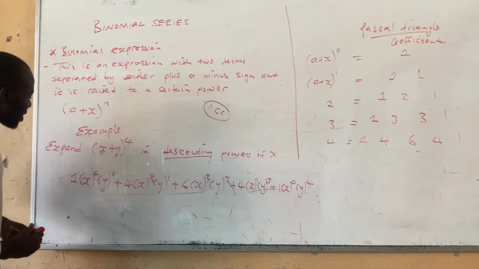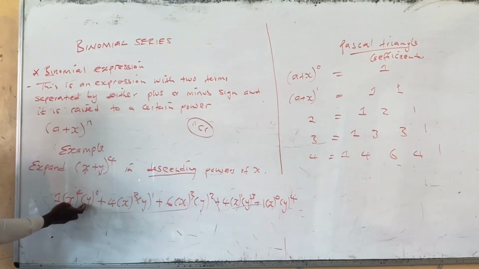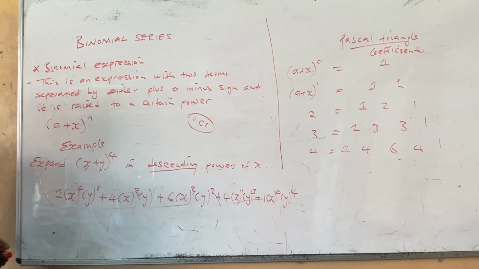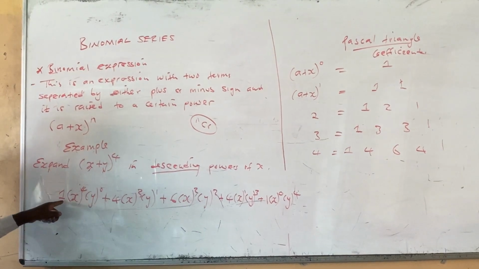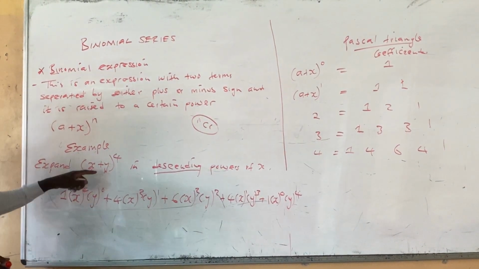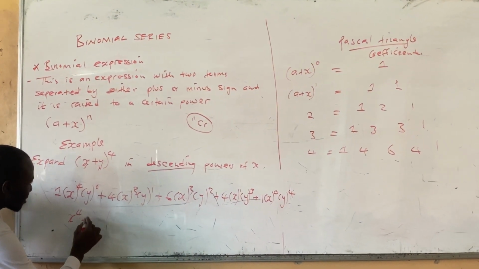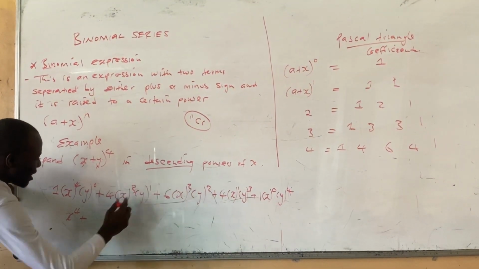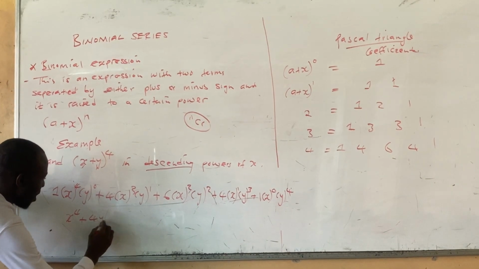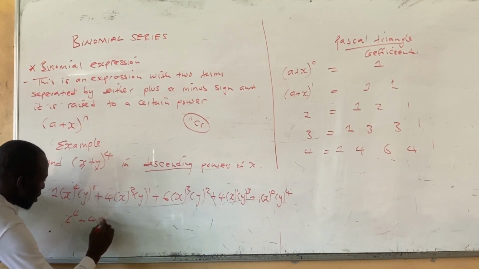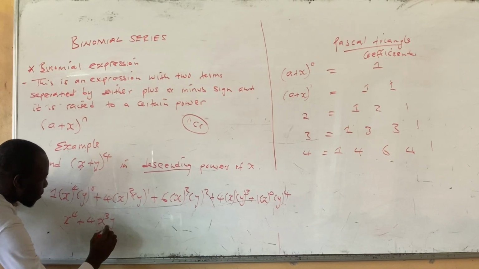Okay, so what are we saying here? Of course, anything raised to the power 0, the answer is 1. So 1 here times 1, you get 1. Then x to the power 4 is just x to the power 4, plus 4x to the power 3 y.